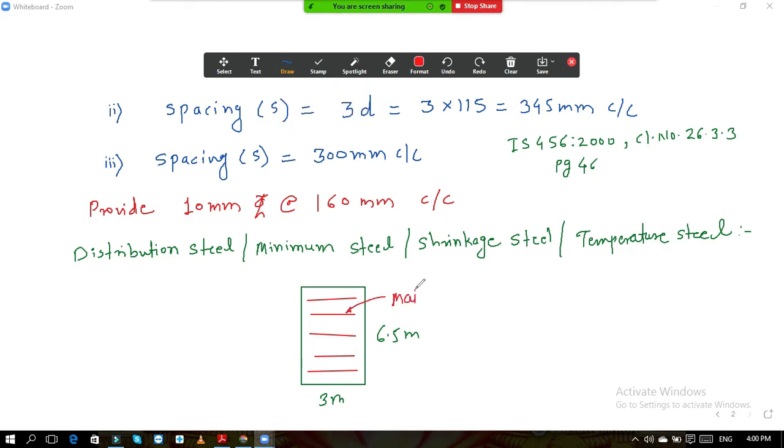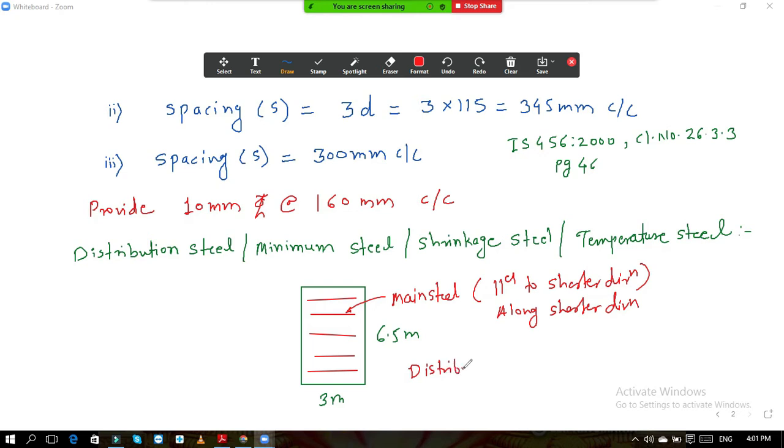These bars are called main steel. In a one way slab, main steel is provided parallel to the shorter direction, or along the shorter direction. And along the longer direction, distribution steel is provided.